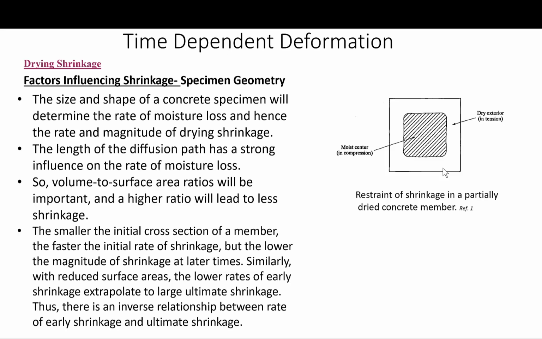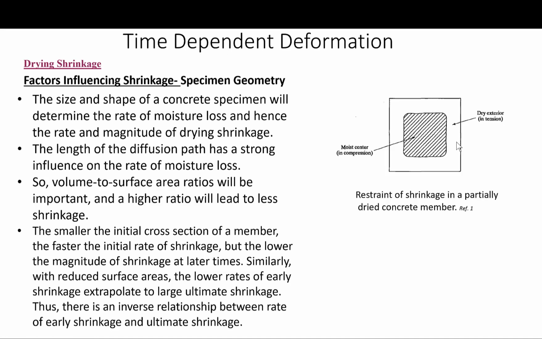As we said, during the drying of a concrete specimen, the situation soon arises where a dry contracting exterior surrounds a still moist core that has not begun to shrink, as you can see in this figure right here.